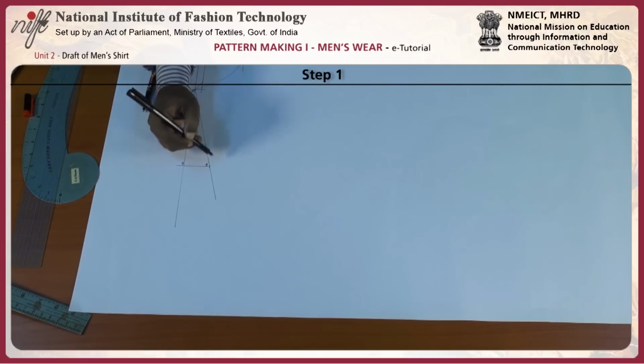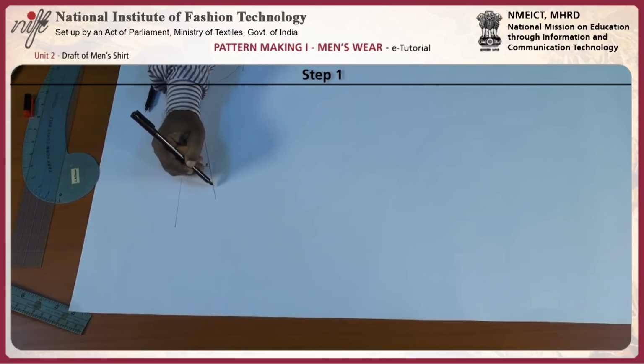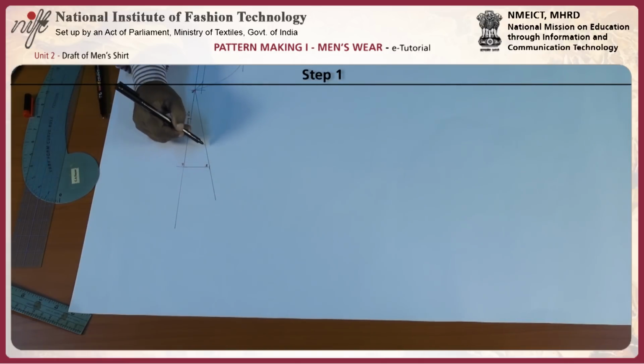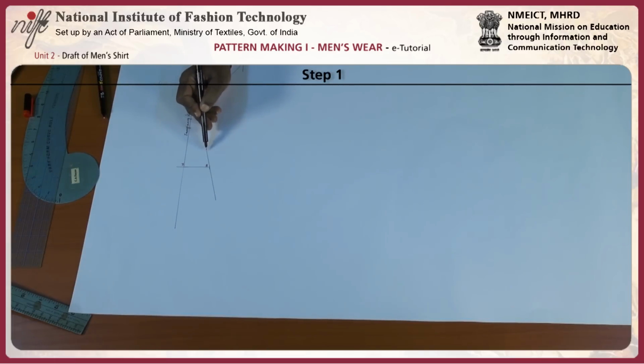If you measure more shoulder, the shoulder slant increases. When you reduce the across shoulder, the shoulder slant is also reduced proportionately. This you have to keep in mind.